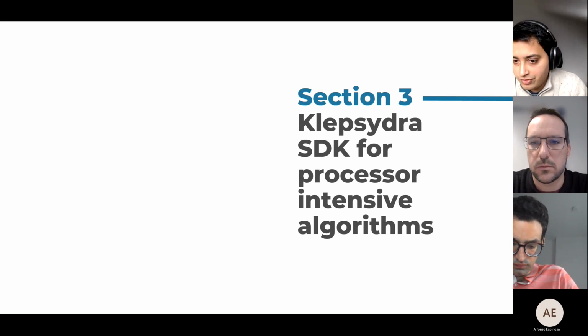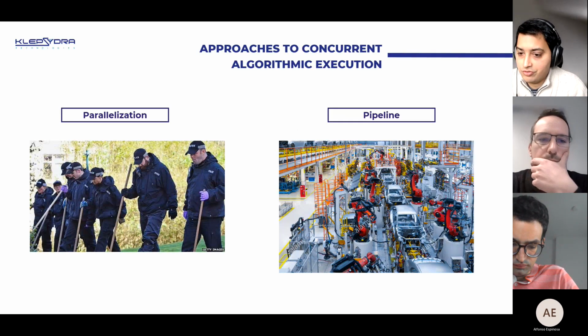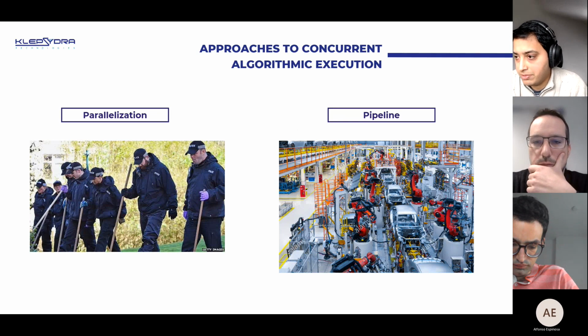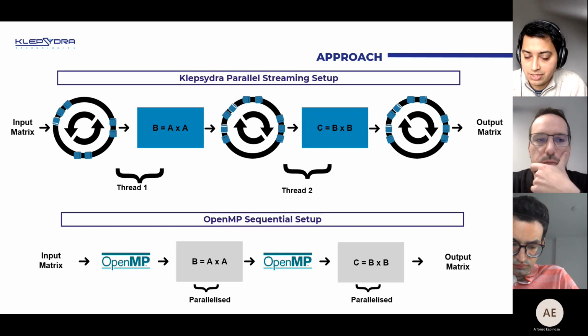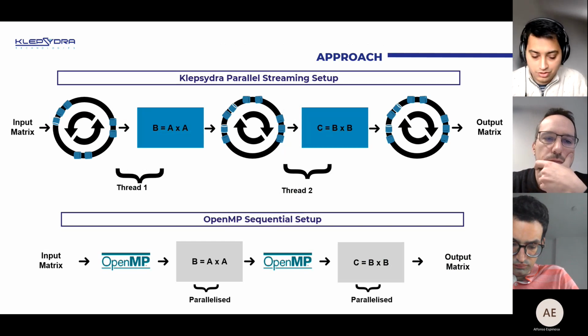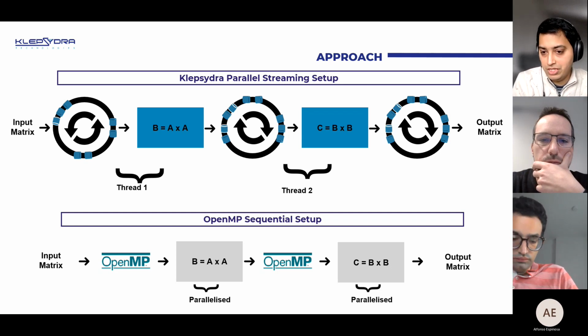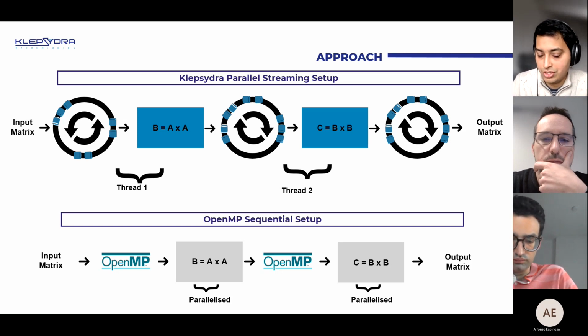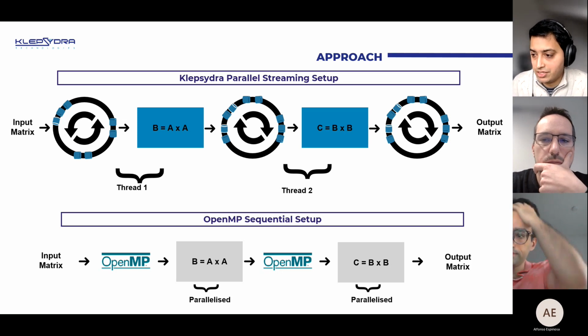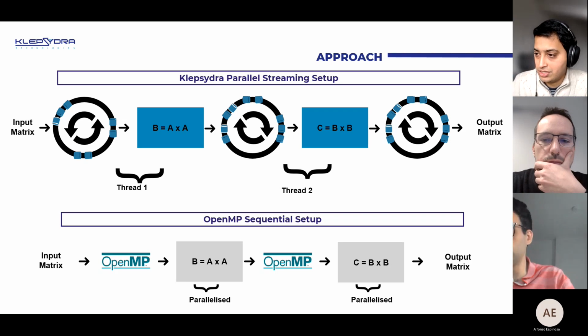And just an example of the Klepsydra SDK for compute-intensive algorithms. The idea is that instead of parallelization, you're doing pipelining. What that means is, let's take the classic example of matrix multiplication. You have a series of matrix multiplications: A multiplied by itself gives you B, B multiplied by itself gives you C, and so on. The classic approach is to parallelize the matrix multiplication at each stage.